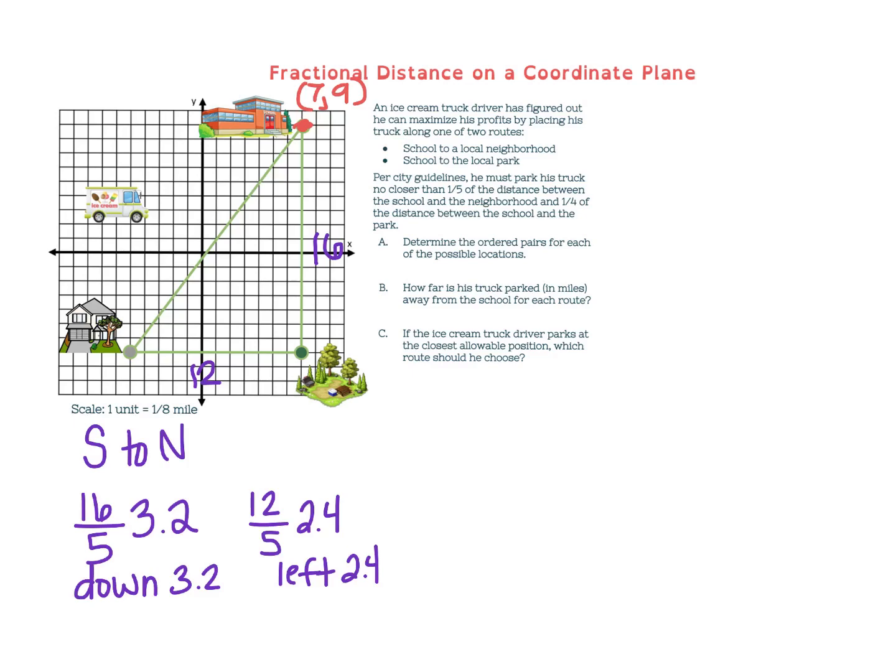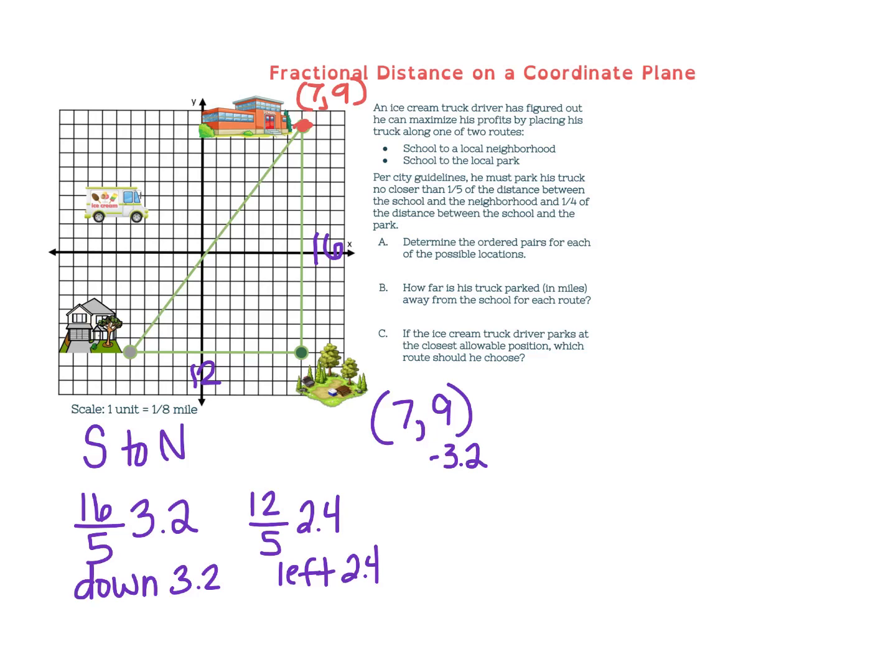So if I want to go down 3.2, that's going to be taken away from my y coordinate. So I'm going to do 9 minus 3.2.